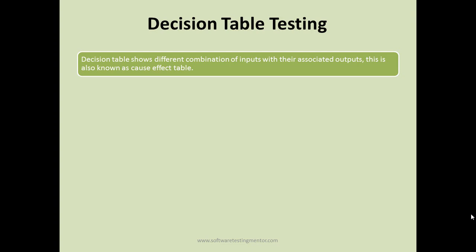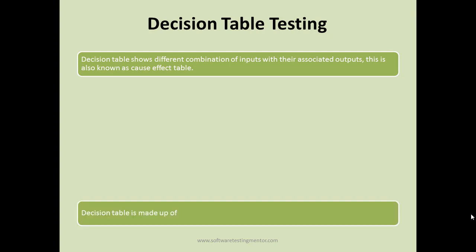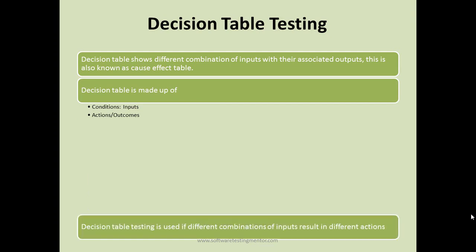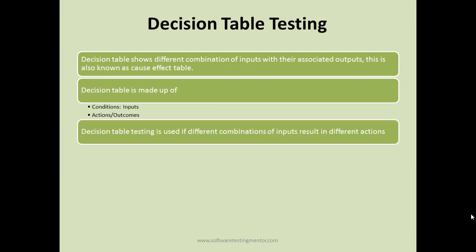That's why it is also known as a cause-effect table. And a decision table is made up of conditions, which are kind of inputs, and the actions or outcomes of those input conditions.